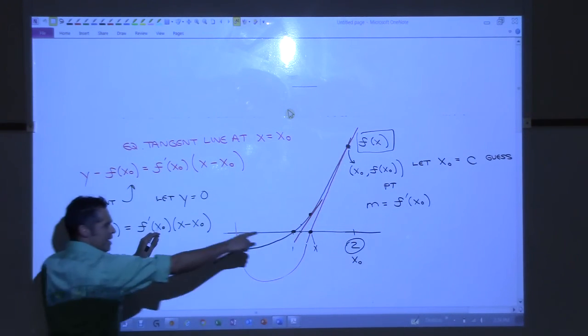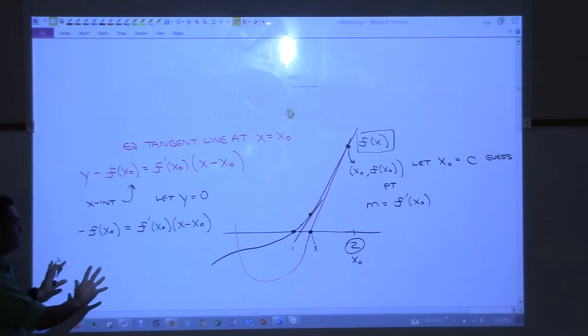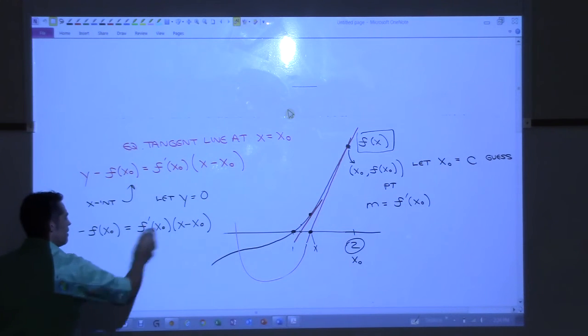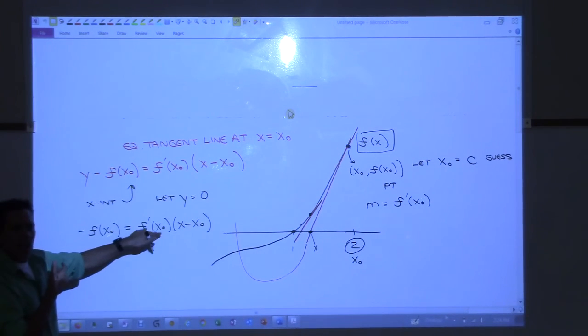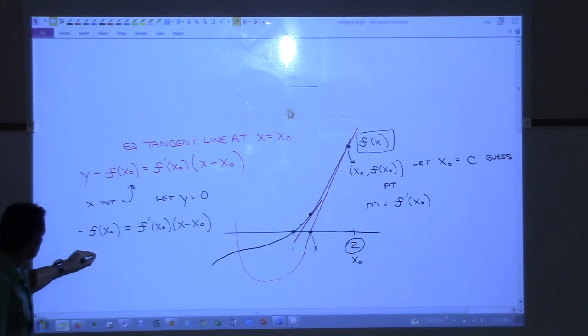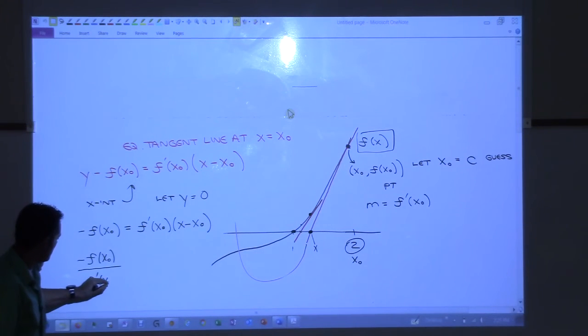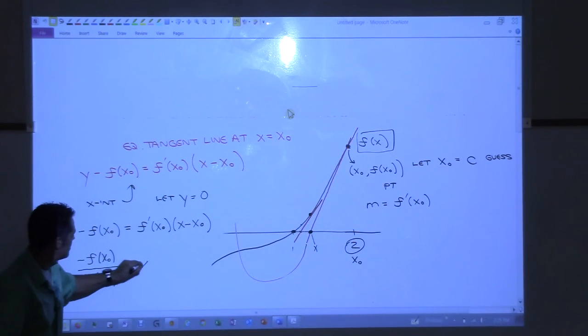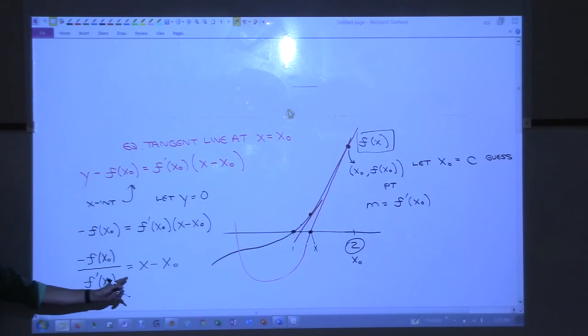Well, x naught's over here, right? But everything else is in terms of x naught. So let's get this x by itself. How about first we divide this thing out. So I have negative f of x naught over f prime of x naught equals x minus x naught. One more step and we'll have x. Add x naught to both sides.